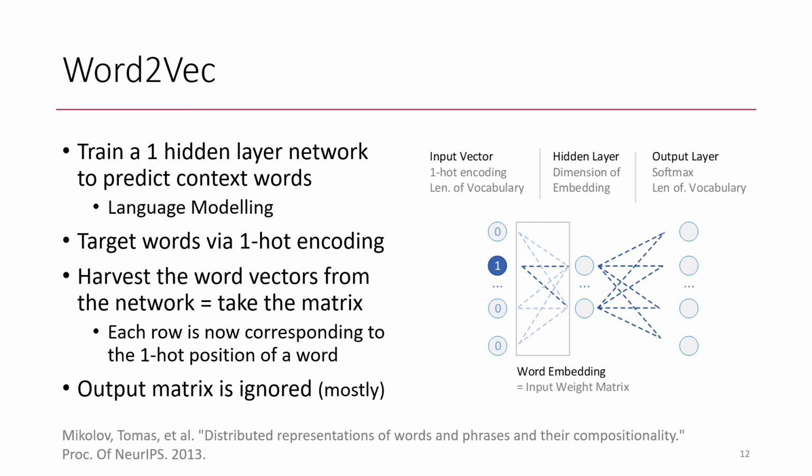And now, because we use the one-hot encoding, each row in this matrix corresponds to the one-hot position of a word. So we can just index the word to that position. And the rest of the network is ignored. Once we got the word embeddings out, the output matrix is ignored, the whole task around it gets discarded. We don't care about it anymore.